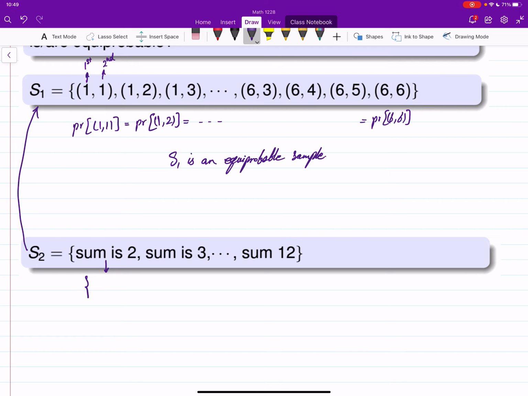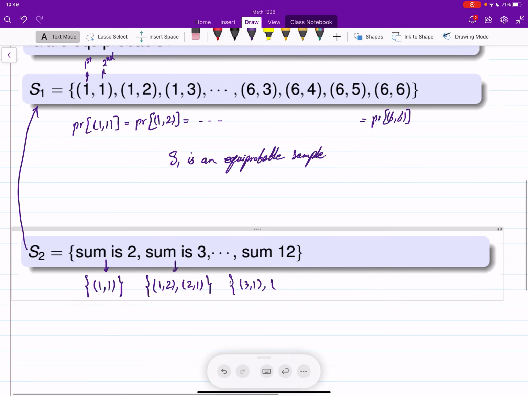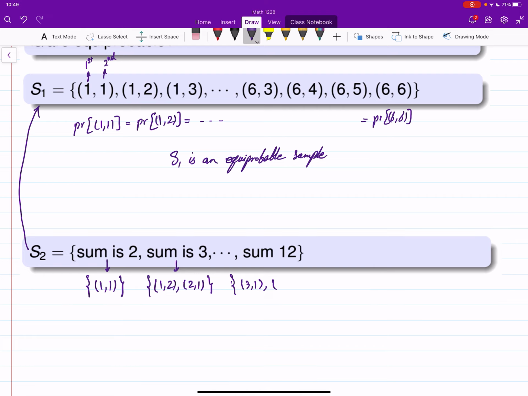To get a sum of 2, the only outcome that will give us that is 1, 1. How about 3? Here we can have either 1, 2 or 2, 1. How about 4? For 4, I will get either 3, 1, 2, 2, or 1, 3. And this goes on and on. For 12, you get only one element.